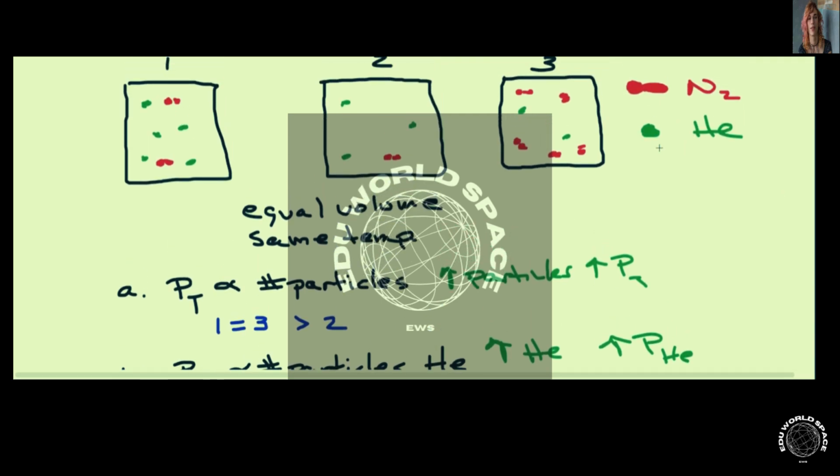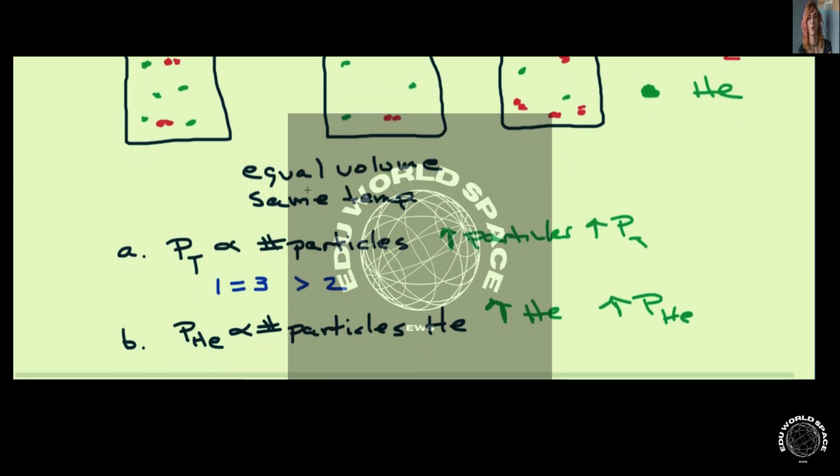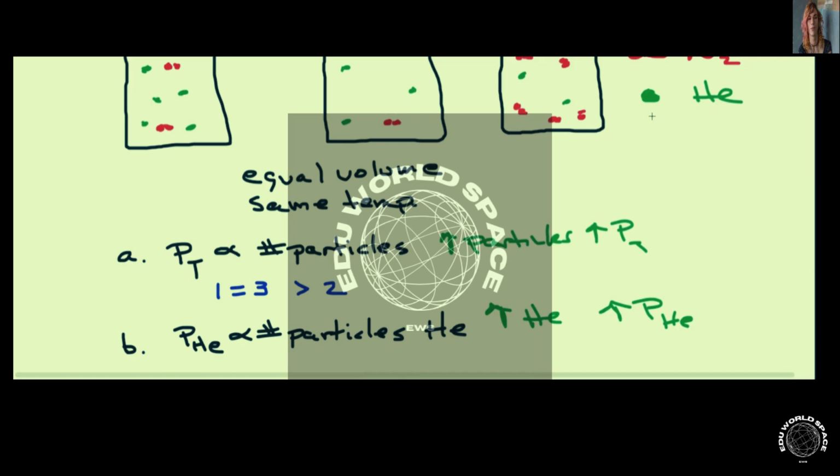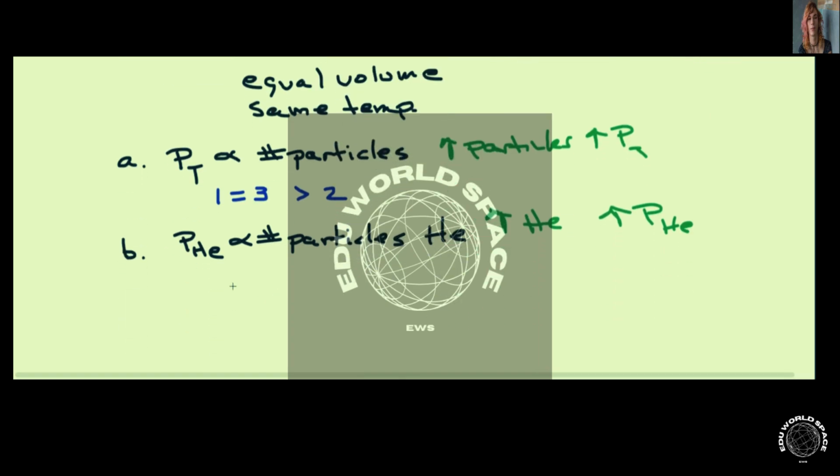Helium is represented by the green dots. We have 5 in number 1, 3 in number 2, and 2 in number 3. So the pressure is going to be highest in 1, then 2, then 3. So 1 is greater than 2, and 2 is greater than 3.